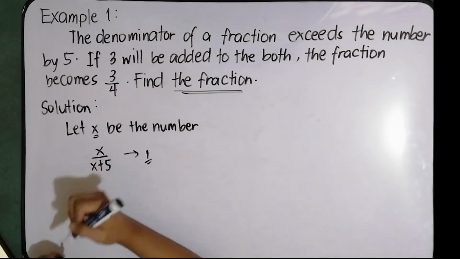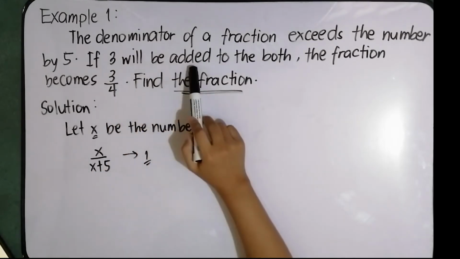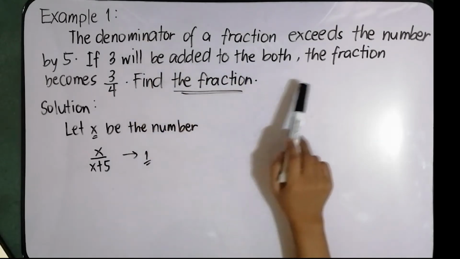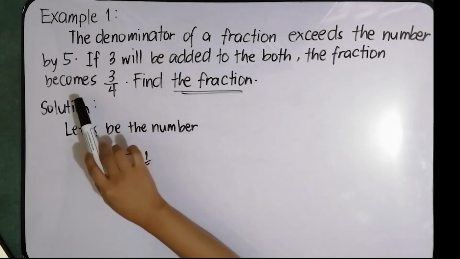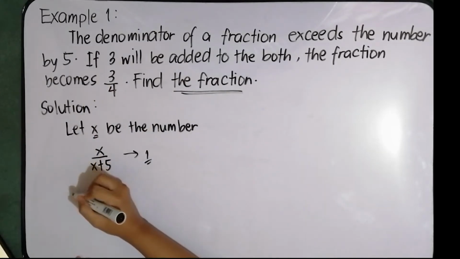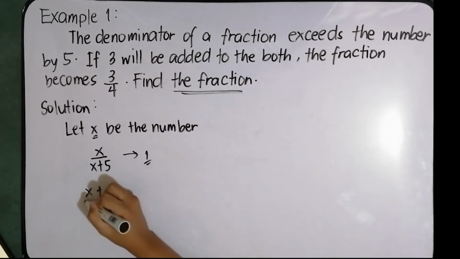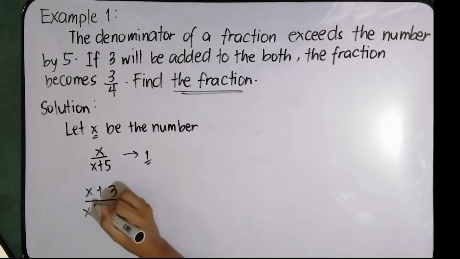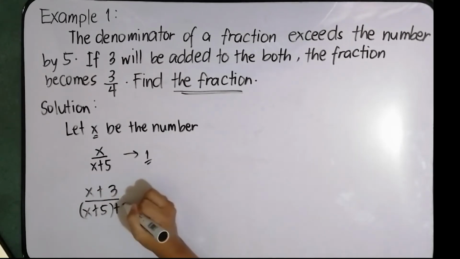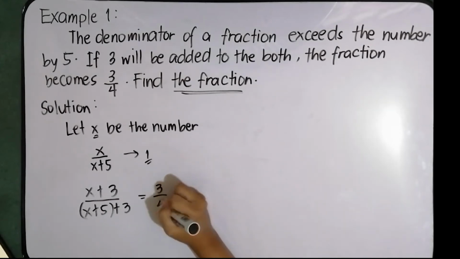The second statement says that if 3 will be added to both the denominator and numerator, the fraction becomes 3/4. So we have x plus 3 over x plus 5 plus 3, which becomes 3 over 4.